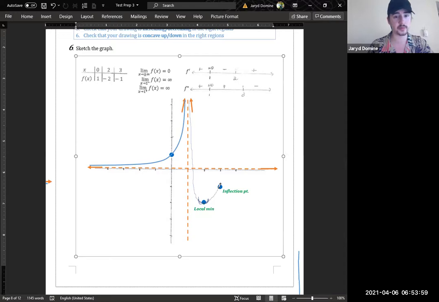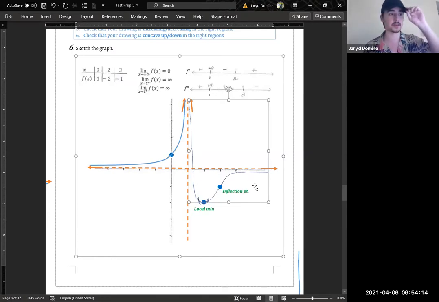And then what an inflection point is, we're going to shift from curving upwards to curving downwards. So in here, we're bending upwards. And then over here, we're bending downwards. So it's a change in concavity there. And after that, we're approaching this horizontal asymptote.